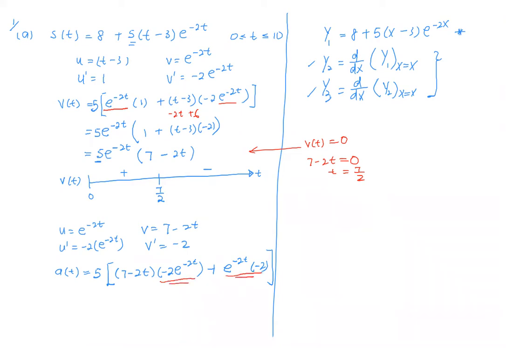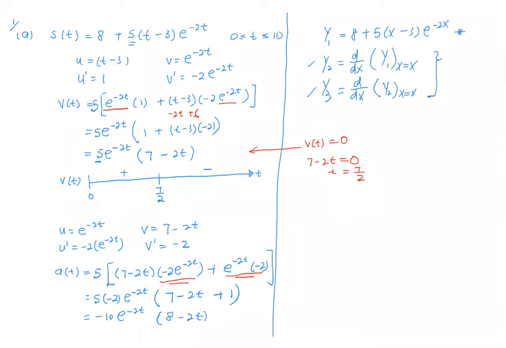Okay, so this is 5 times negative 2 e to the power negative 2t, open bracket, 7 minus 2t plus 1. Okay, so this one you'll get negative 10 e to the power negative 2t times 8 minus 2t.